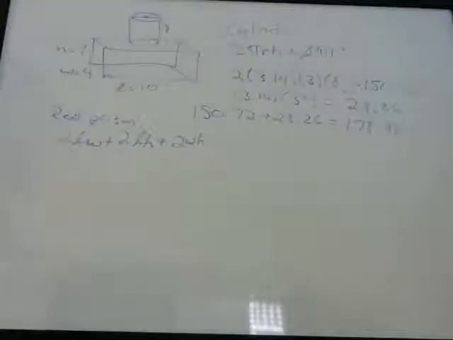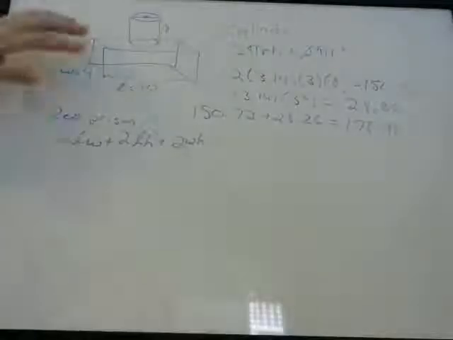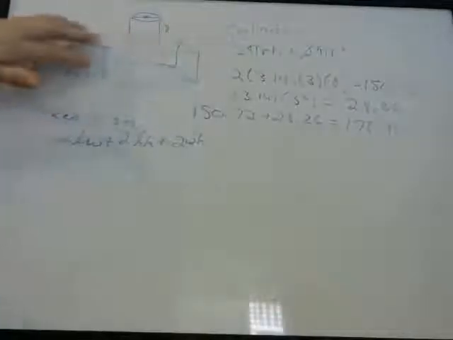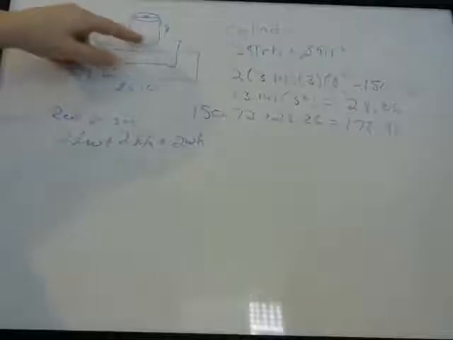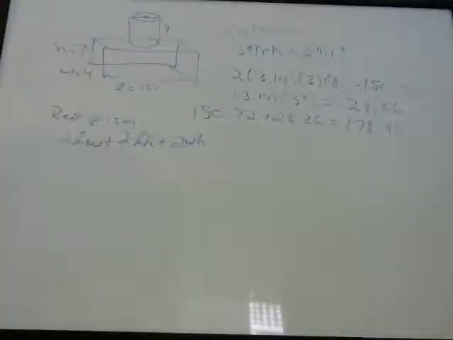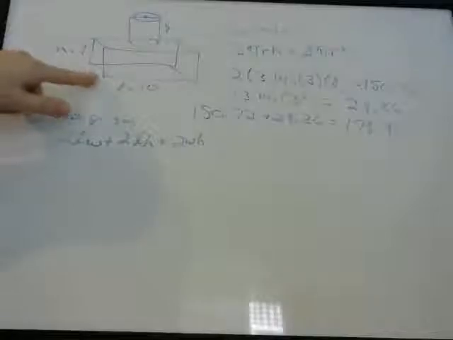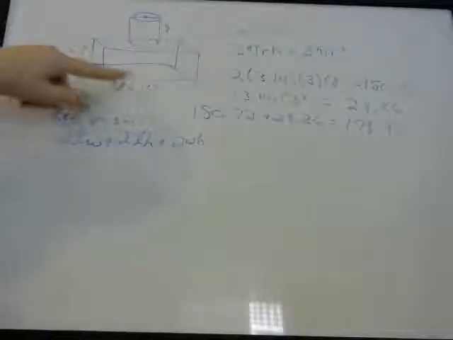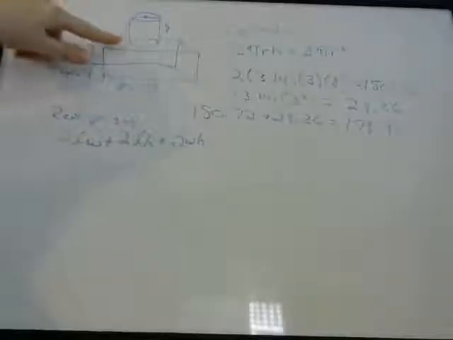Okay, so 2 length times width. So here's how we're going to approach this. We're going to find the area of the whole thing and then subtract out this area on the top. So we're going to do 2 times length times width. That's going to give us the area of the bottom and the area of the top, right?